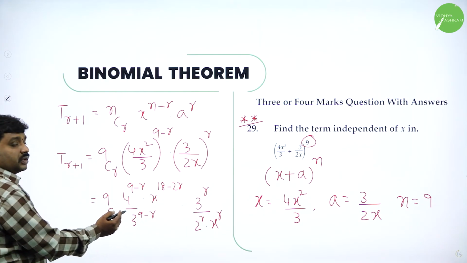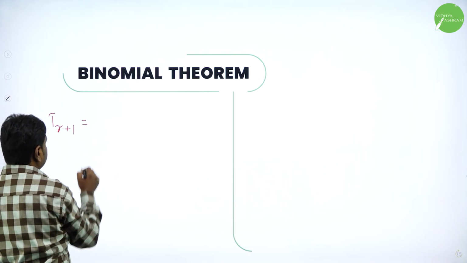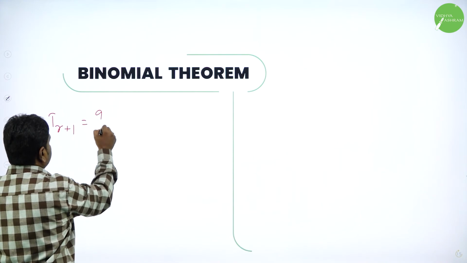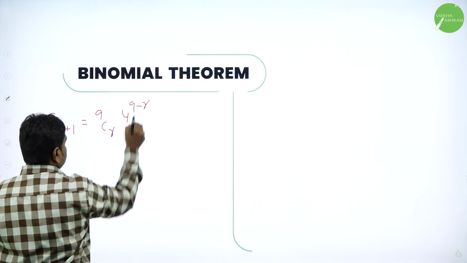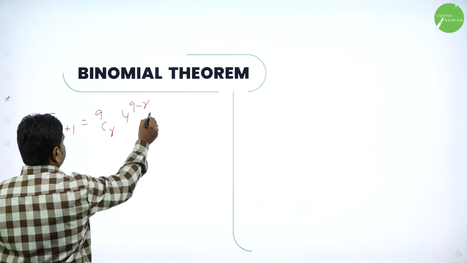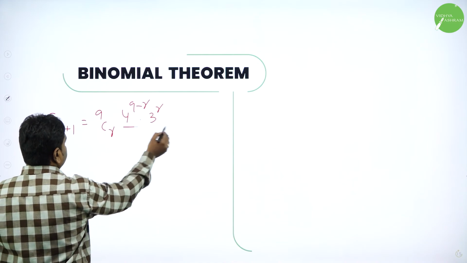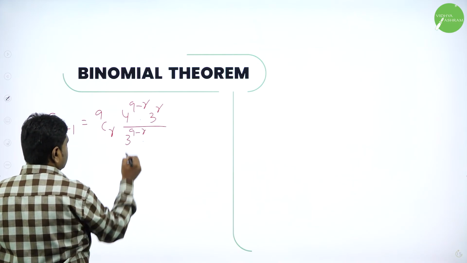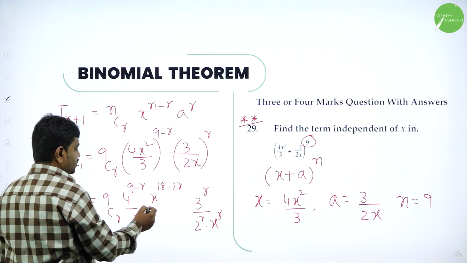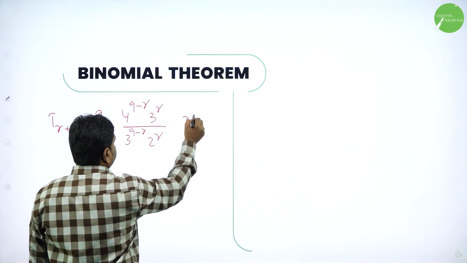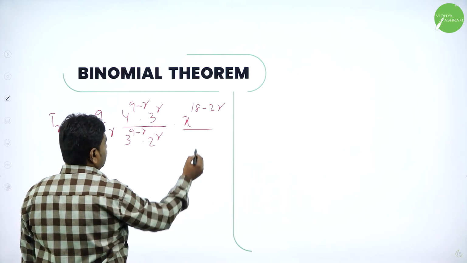So group the terms without x in the beginning: 9Cr, then 4^(9−r), then 3^r, then 3^(9−r), then 2^r. Then group the x terms: x^(18−2r) divided by x^r.